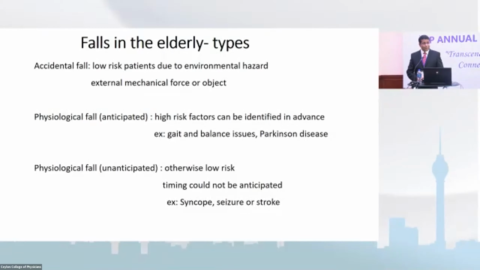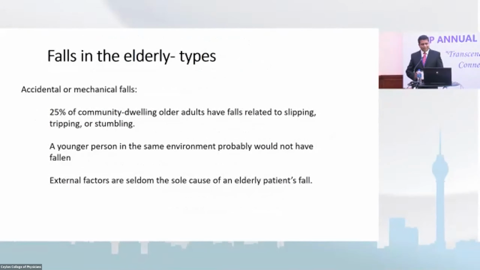We are mostly concentrating on the physiological falls in elderly, as well as some accidental falls. So in community-dwelling individuals, about 25% of elderly people can develop mechanical falls, due to slipping, tripping, or stumbling.